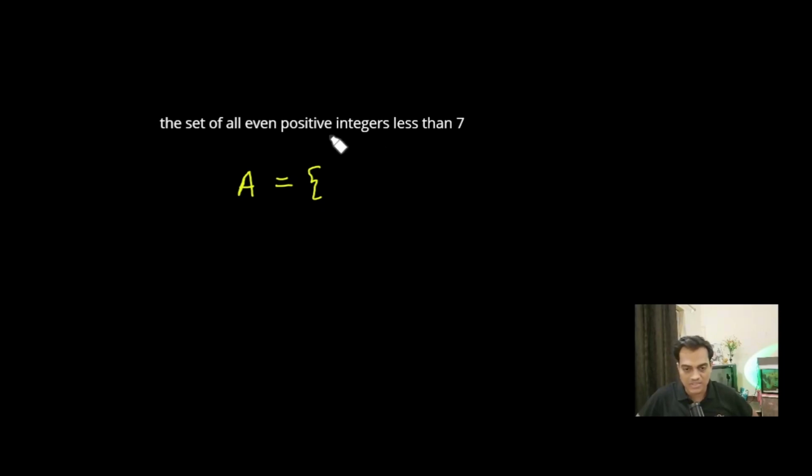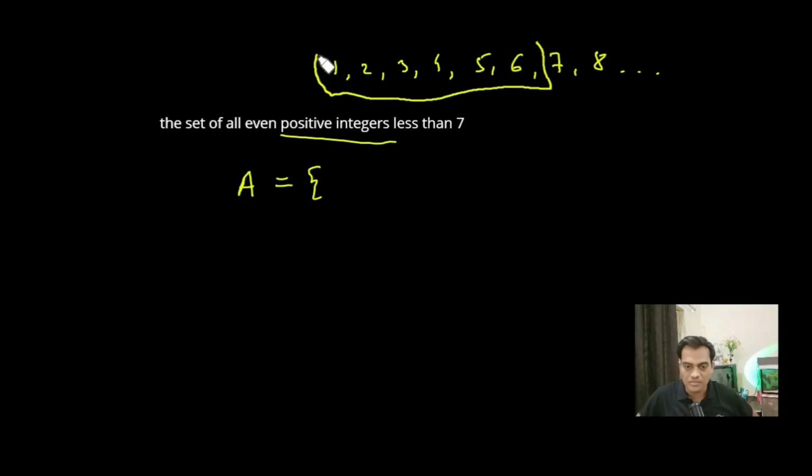Basically the positive integers start from 1, 2, 3, 4, 5, 6, 7, 8 and so on. But we require those less than 7, meaning from 1 to 6. But we require even integers only.